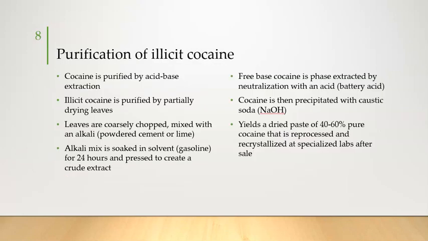So how do we purify our illicit cocaine? Cocaine is purified by an acid-base extraction. Okay, so that's talking about those solvents we just talked about. Cocaine will be purified by partially drying the leaves.